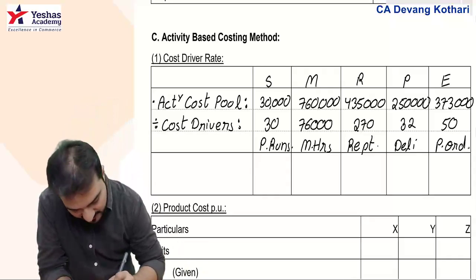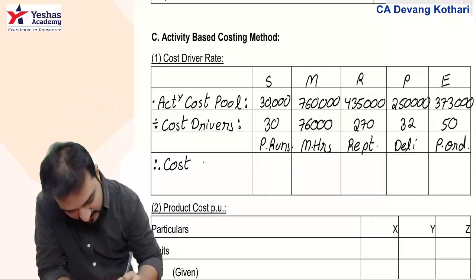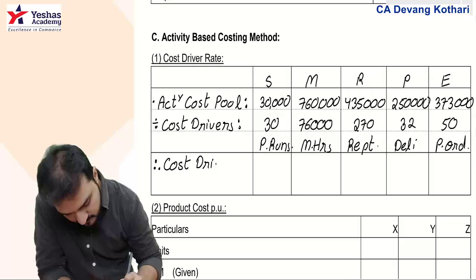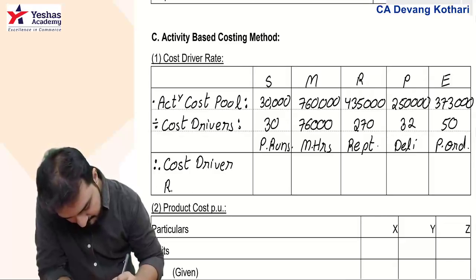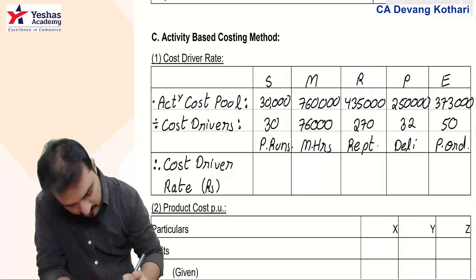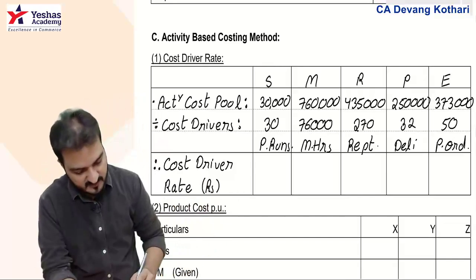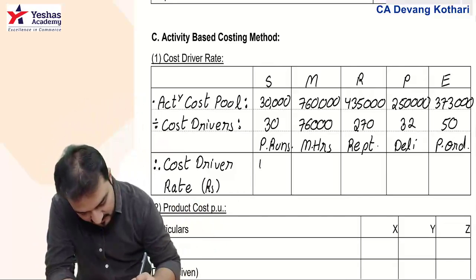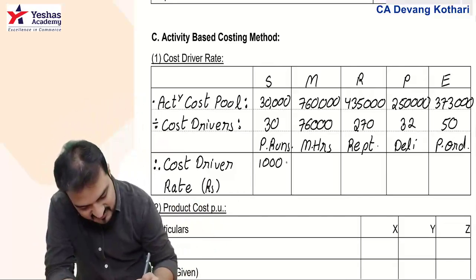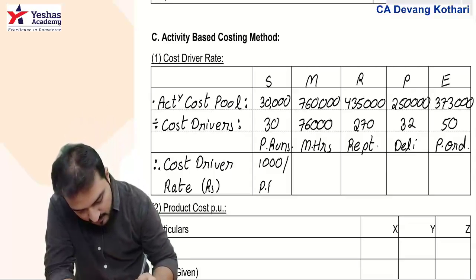So now you divide, what you get here is called as cost driver rates. Cost driver rate in terms of rupees. So my setup cost is costing me 30,000 divided by 30, that is rupees 1,000. 1,000 per what? This 1,000 per production run.